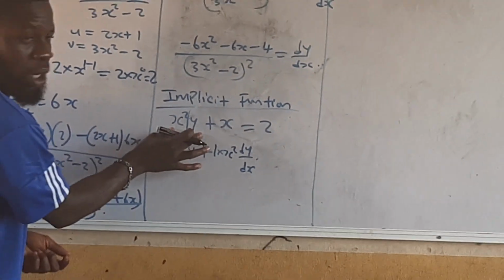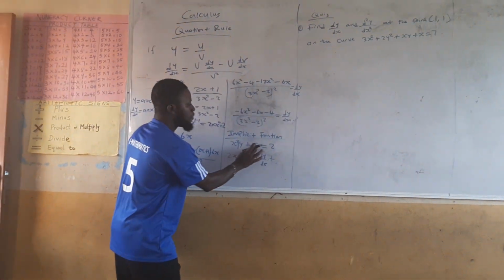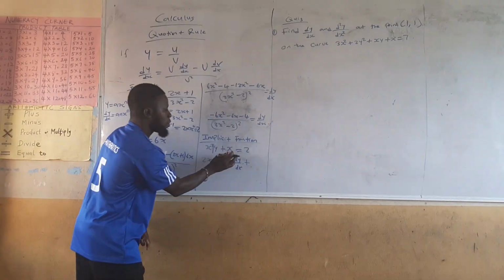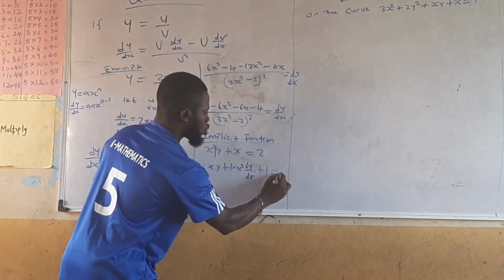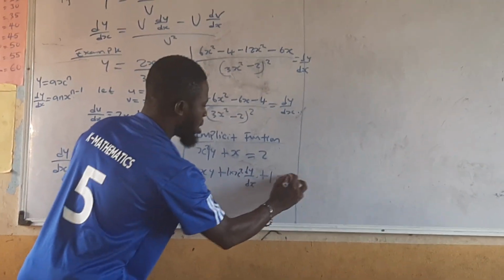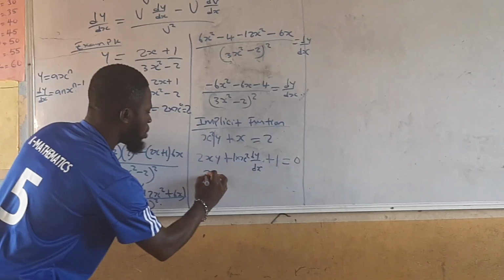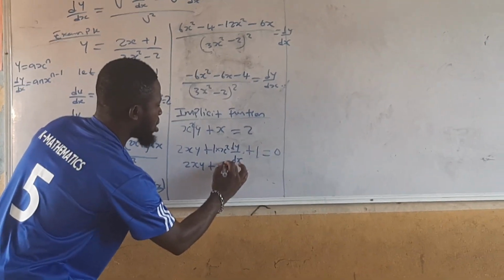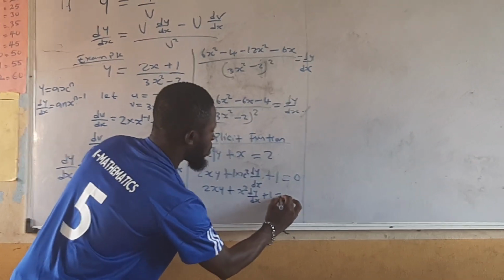So I'm done with this one now because it's x and y. Then I'll go to the last one, plus the differentiation of x, with respect to x here. The differentiation of x will give you 1. So equals to, the differentiation of the constant is 0. Then we'll make dy/dx the subject of the formula. That will give me 2xy plus x squared dy/dx plus 1 equals 0.